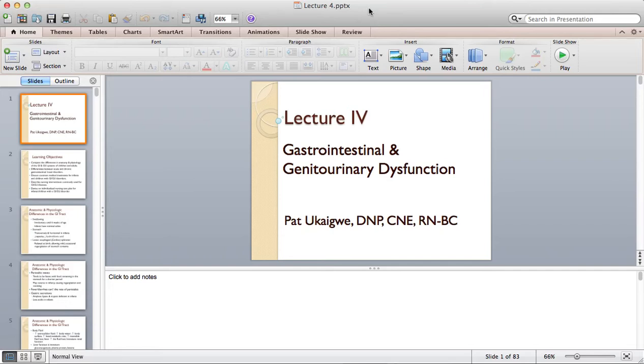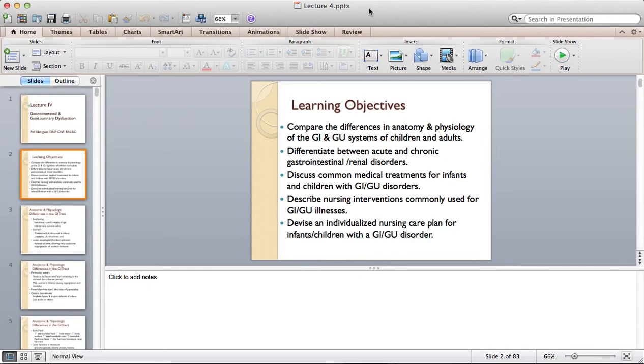Okay, so our business today is the GI and GU system. And as usual, we'll begin with highlighting some of the anatomical differences between the adults and children.